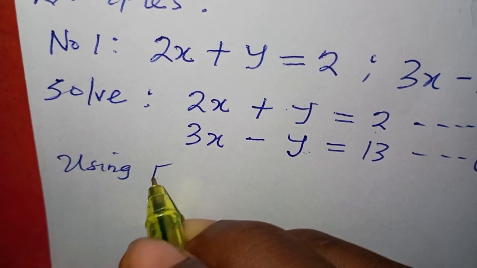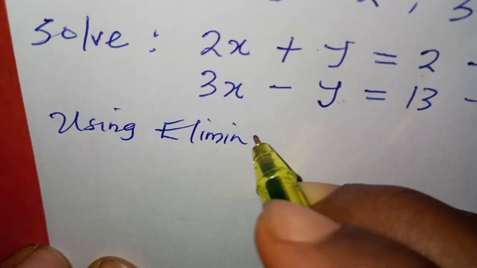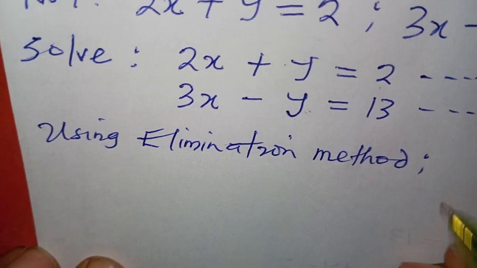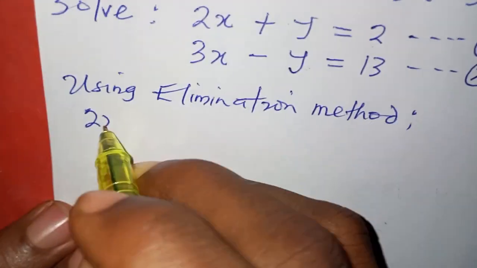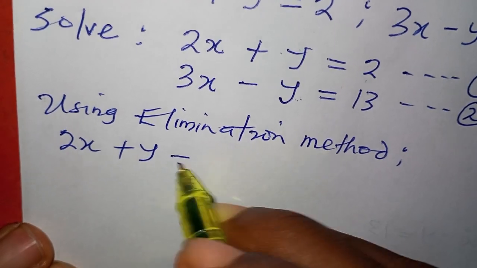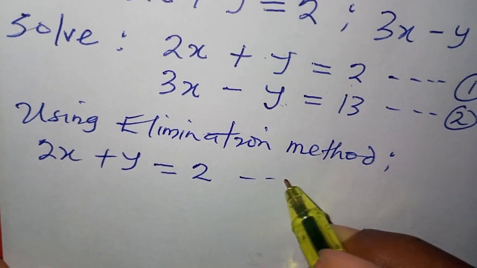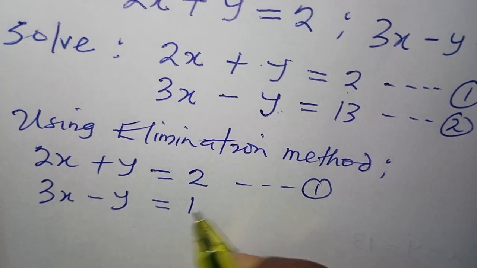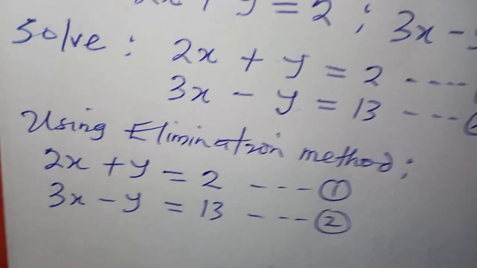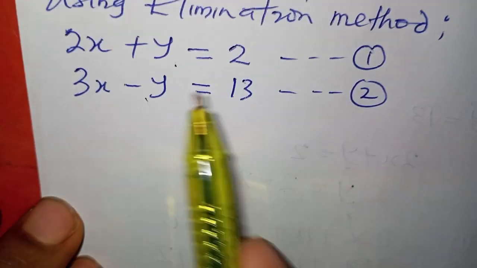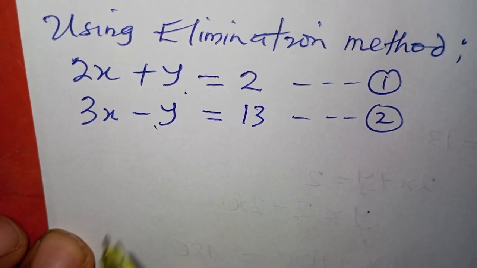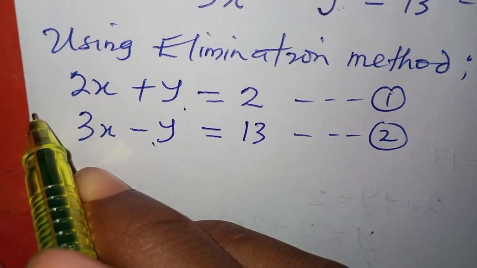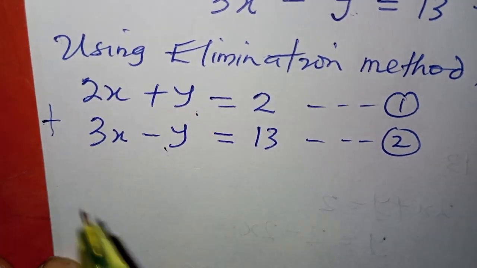Let's begin with the elimination method for this example. So using elimination method, this is how you go about it. 2x plus y equals 2, equation 1. 3x minus y equals 13, equation 2. So I'm eliminating y, so it means I'm going to add both equation 1 and equation 2. So let me add by introducing a plus here.